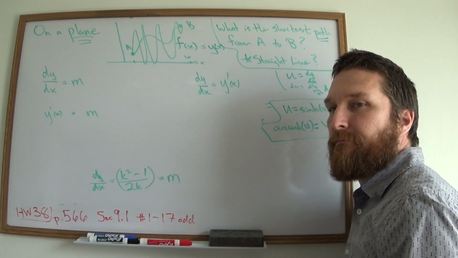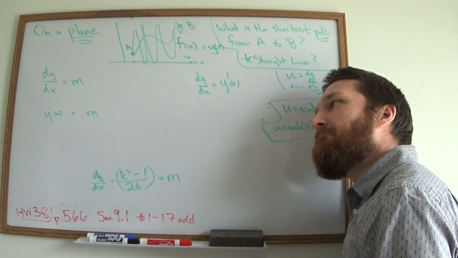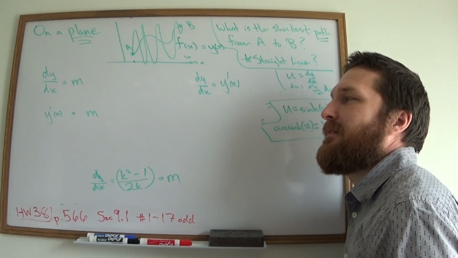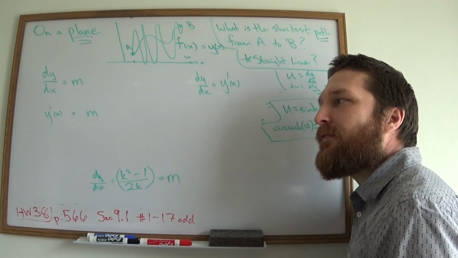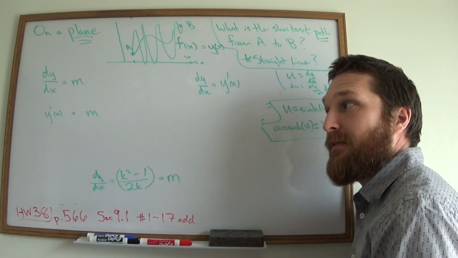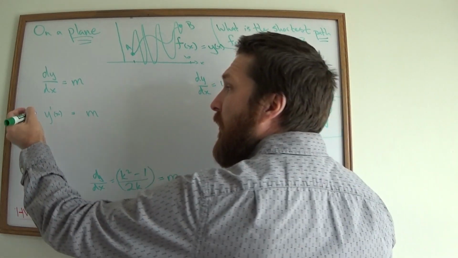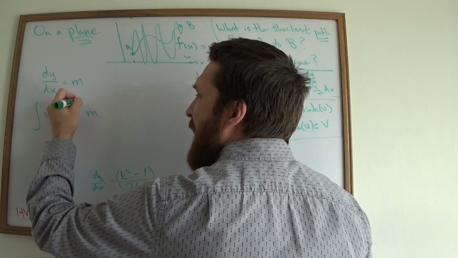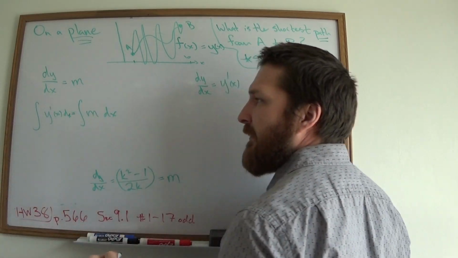So what's y? We took the derivative of something and got a constant. That function itself is going to have to be, I guess, x times that constant, right? Or we could see that by integrating both sides with respect to x.